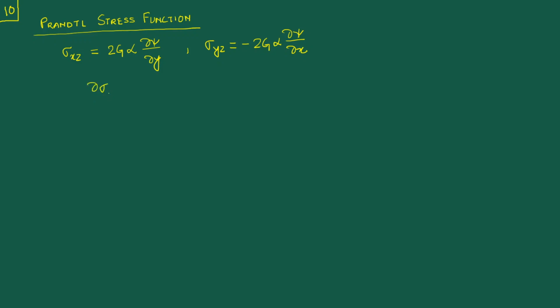So del sigma xz del x plus del sigma yz del y should be equal to 0, where we note of course that sigma zz is equal to 0. Given all the kinematical hypotheses that we had already discussed in the previous lectures, sigma zz will turn out to be equal to 0. Otherwise, we would have an extra term here like plus del sigma zz del z. But we don't have to worry about it now.